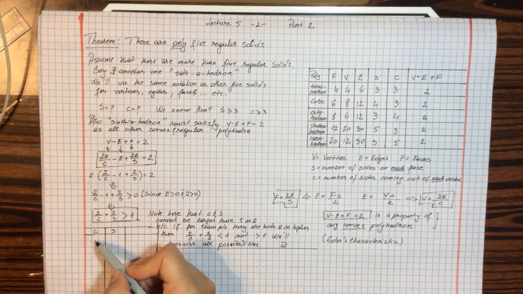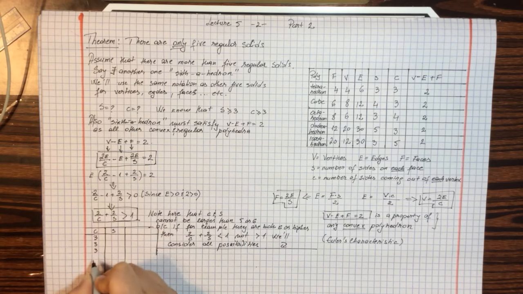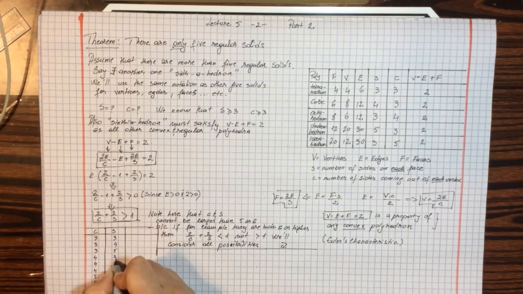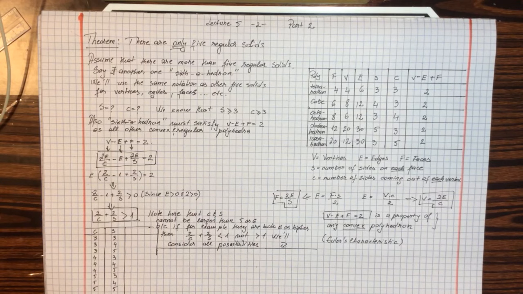Let me see if I have enough space: 3, 4, 5. Okay, I do. So C is 3, 3, 3, 4, 4, 4, 5, 5, 5, and S is 3, 4, 5, 3, 4, 5, 3, 4, 5. These are all possible combinations.